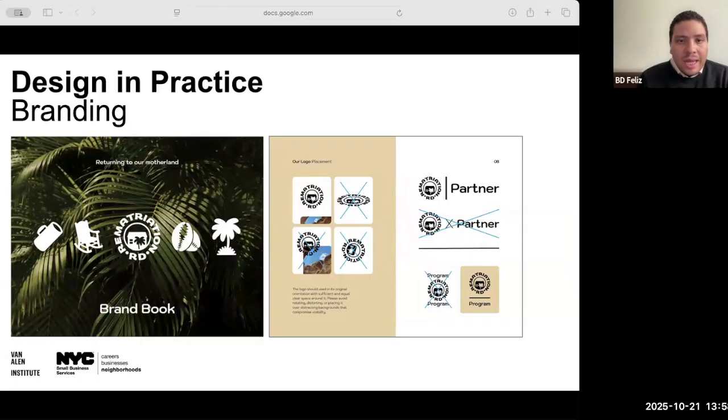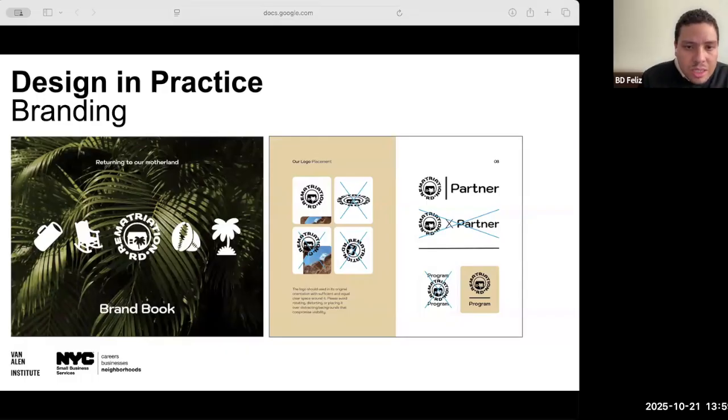Really setting the do's and don'ts, and this is something that working with a designer is able to create for an organization, where the organization might not necessarily have a designer for the whole year. They could collaborate with a designer for a specific project, which might be, in this case, developing a brand book, and set those guidelines and really work to create something that they're able to replicate over time.